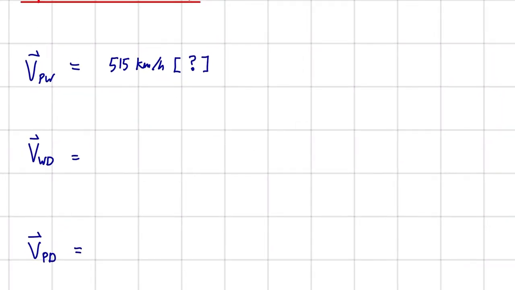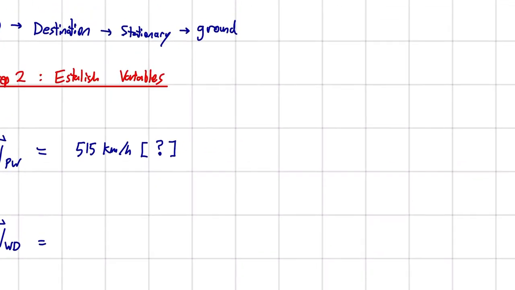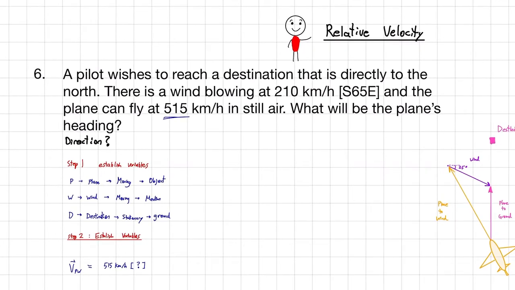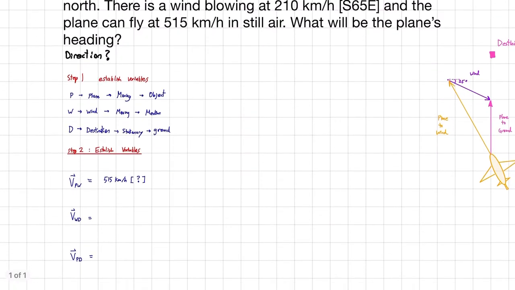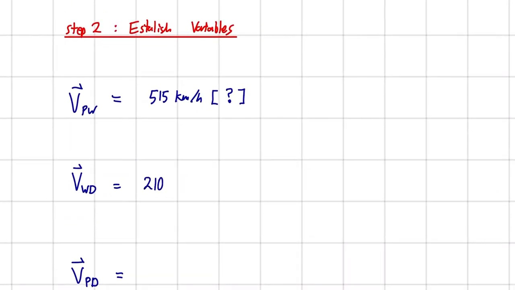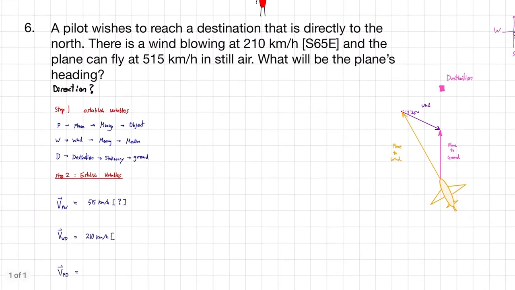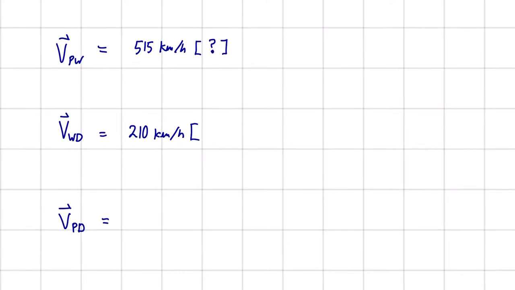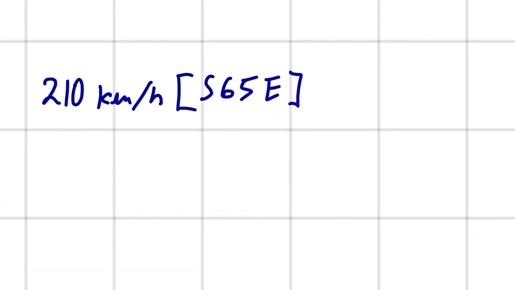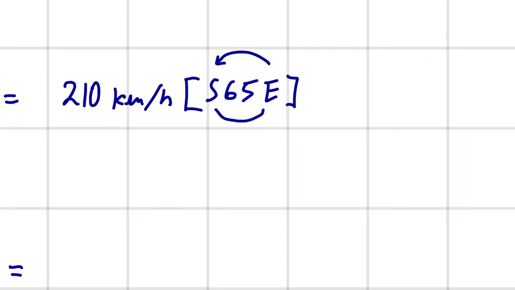So the velocity of the wind relative to the destination, well, that's the velocity of the wind. So 210 kilometers per hour. And we know the direction of that, south 65 east. What I want to do here is switch our south and east.